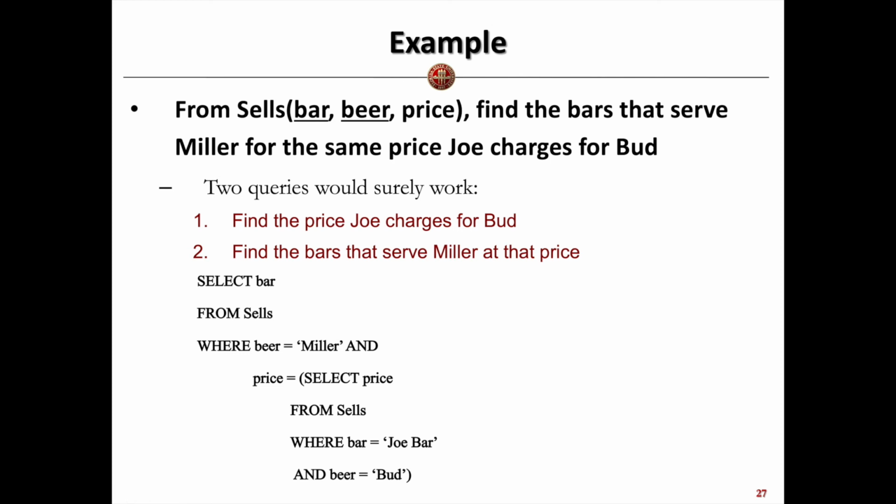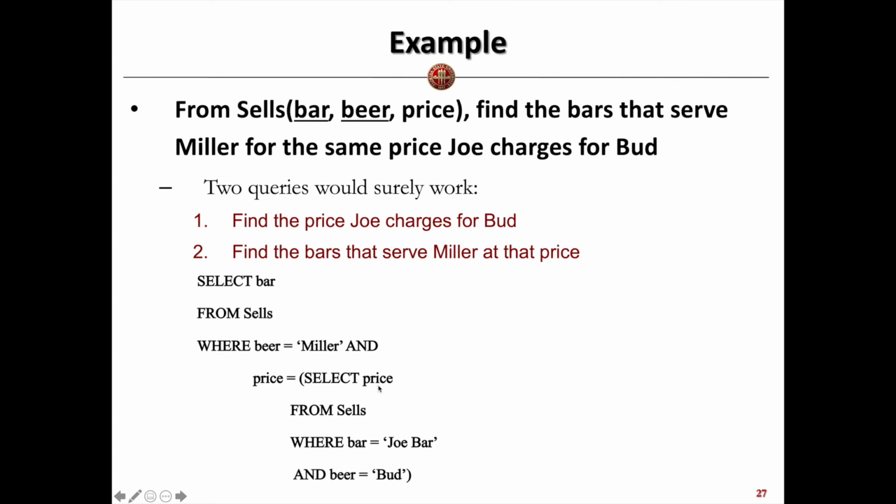Then it provides us with a hierarchical way of thinking for writing down queries in SQL. So the first question will be to find the price Joe's Bar charges for Bud, right? And the second question will be to find the bars that serve Miller at the same price. If we think in this way, then we use a subquery to help us. So to find the price that Joe's Bar charges for Bud, we can write down the select-from-where statement as shown at the bottom.